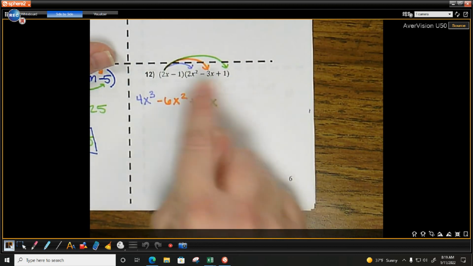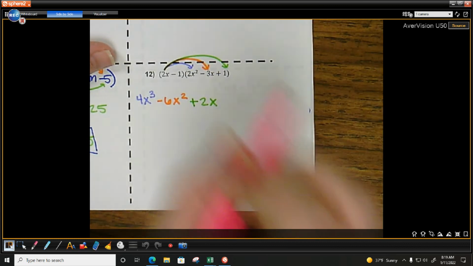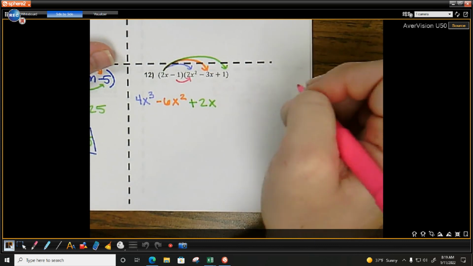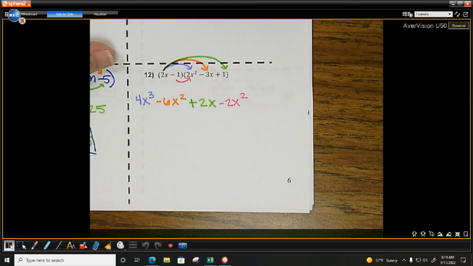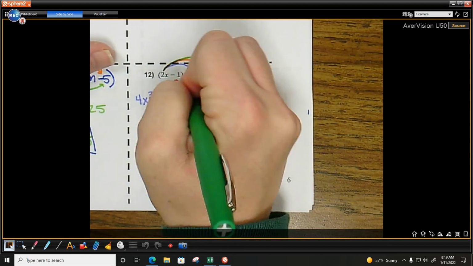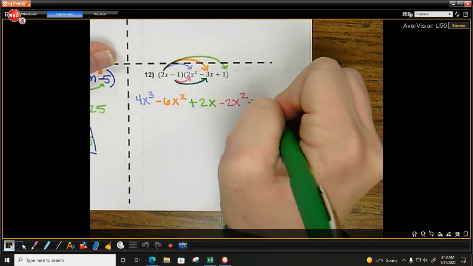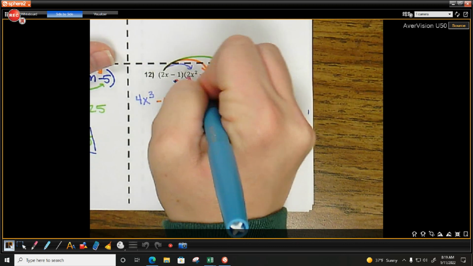Now let's move on to our negative 1. What's negative 1 times 2x squared? Very good. Then what is our negative 1 times negative 3x? Plus 3x. And then what is my negative 1 times positive 1? Negative 1.